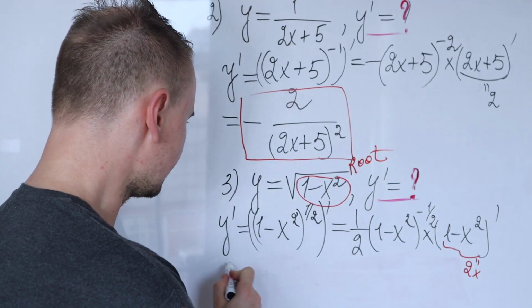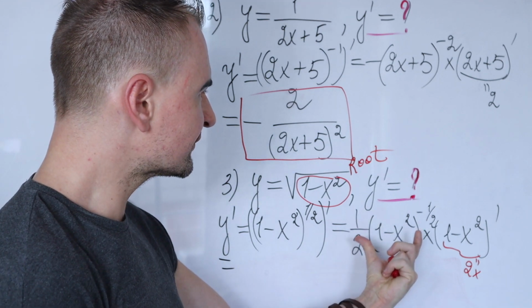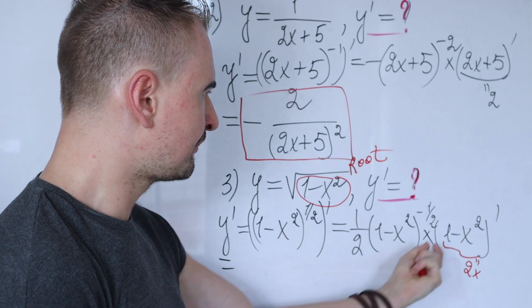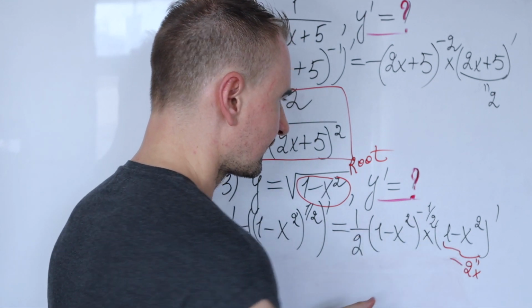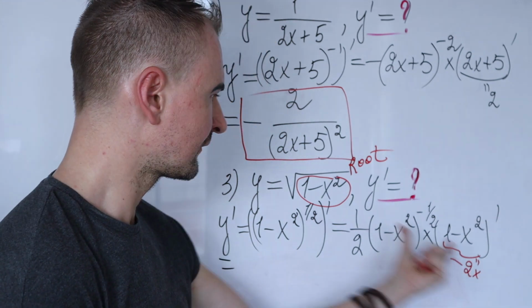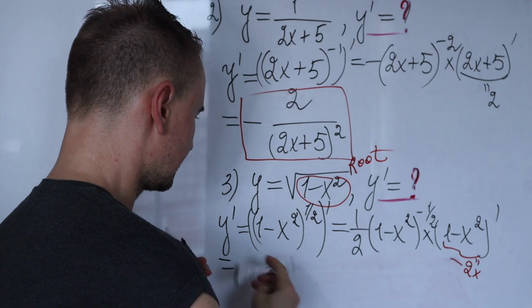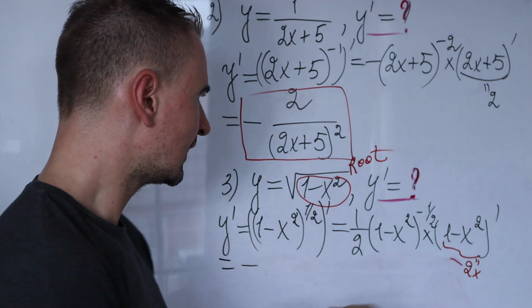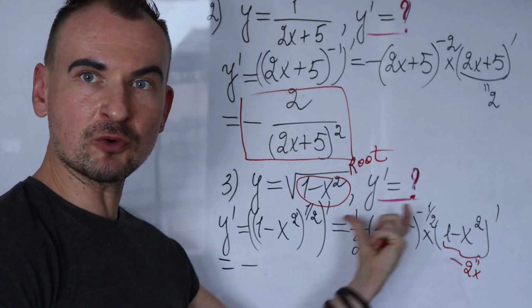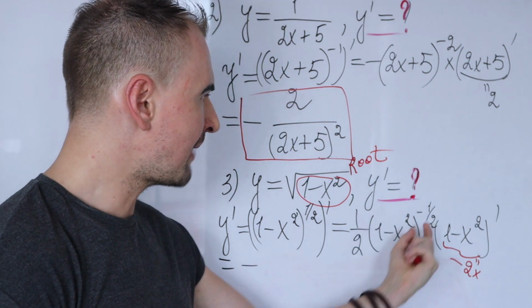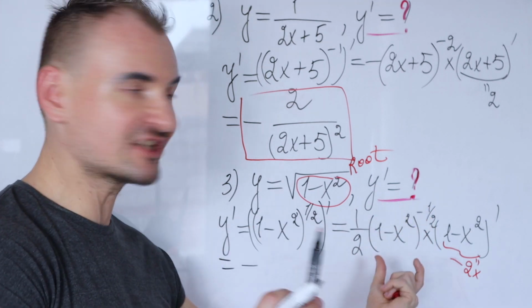Simplify it down. I'm going to pull this negative out front. And I'm going to rewrite this 1 minus x squared by bringing it down, making the power positive. And I'm going to rewrite this power as a root.